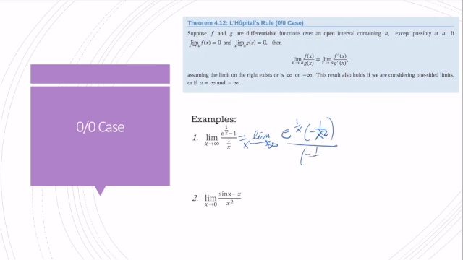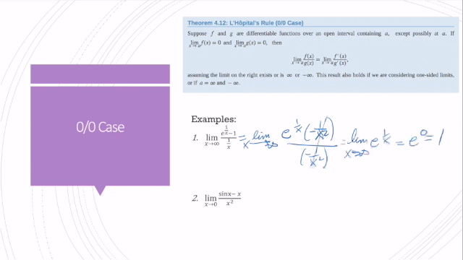So I have the limit as x goes to infinity of e to the 1 over x minus 1, divided by 1 over x. Again, we have the form 0 over 0. So if I take the derivative of the numerator and the derivative of the denominator, as x goes to infinity, I get e to the 1 over x times negative 1 over x squared, over negative 1 over x squared.